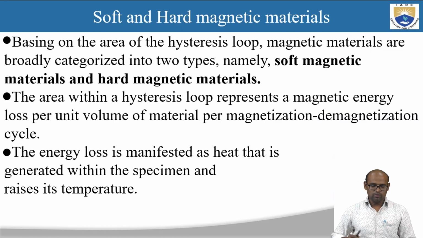Okay, so this is about the BH curve or hysteresis loop in magnetic material. So basically we are looking at the variation of magnetic field induction or magnetization of a material as we increase the magnetic field and decrease the magnetic field.